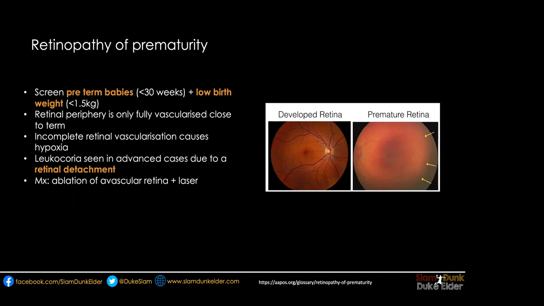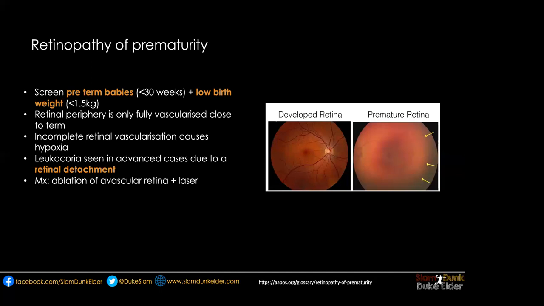So if a baby's delivered at less than 30 weeks, the periphery of the retina is not fully developed properly, and if they develop this once they've been born, the neovascularization is not the same as in utero, and it can lead to bleeding of these new vessels, and it can actually lead to a tractional retinal detachment.